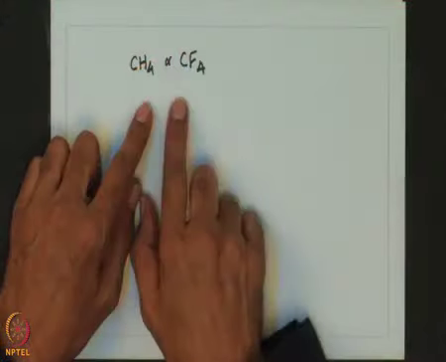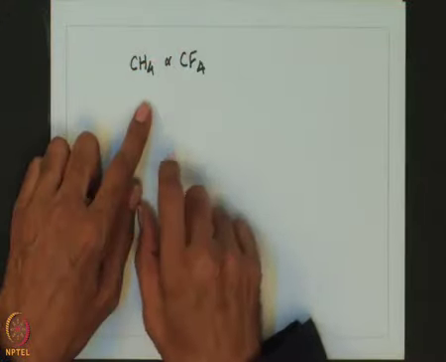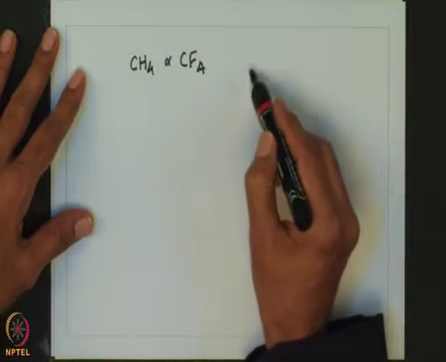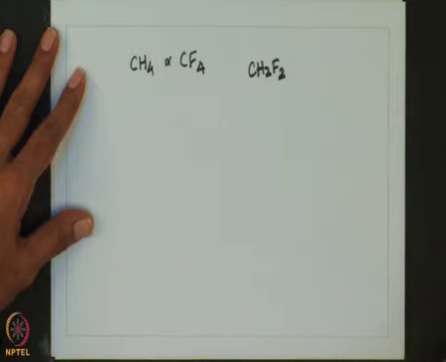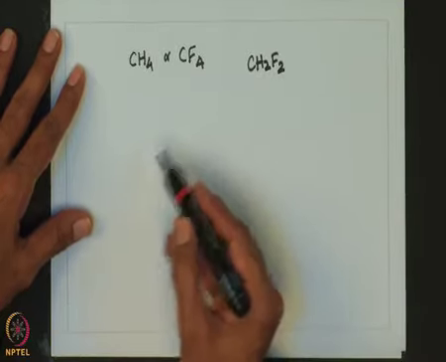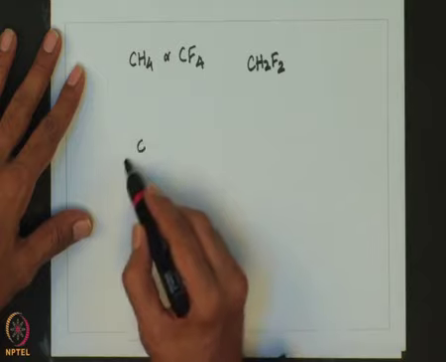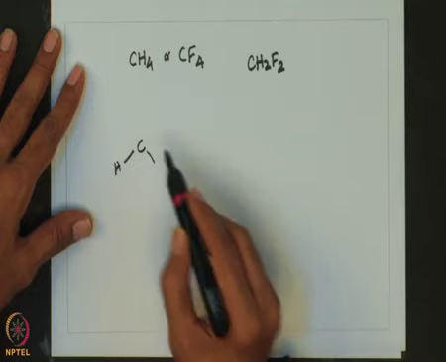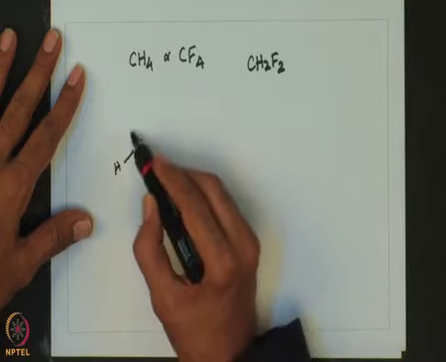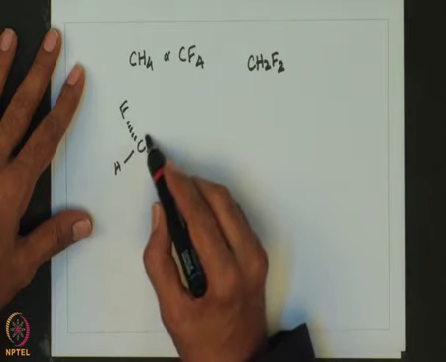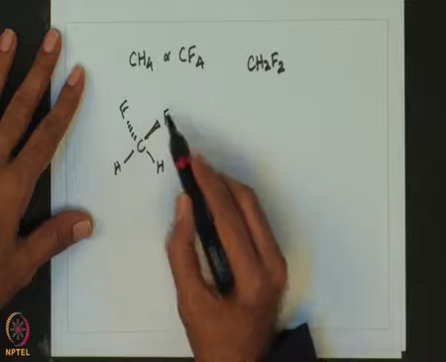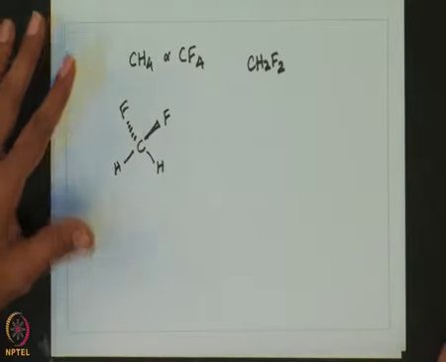Angles would be essentially same, and the angles in CH4 are essentially the same as the angles in CF4. But when we consider CH2F2, so what would be the angles? That means we can think of two types of angles. Now, we should be able to tell what is the angle now.